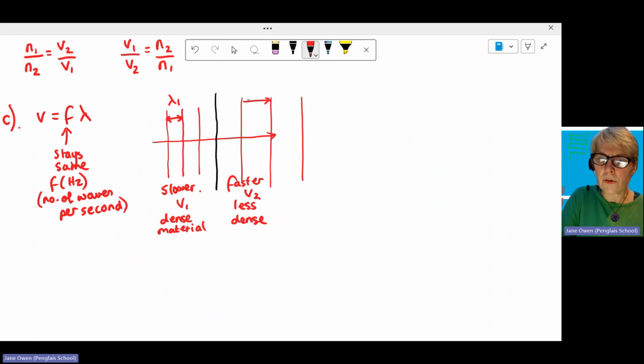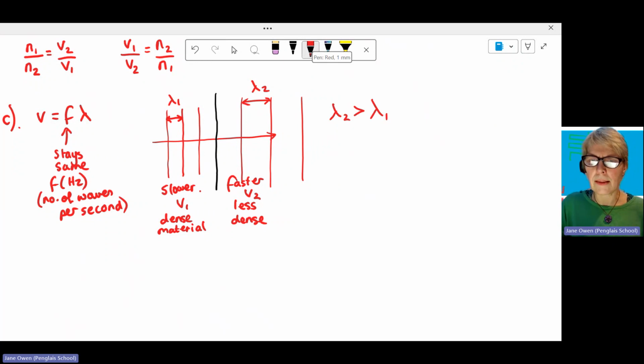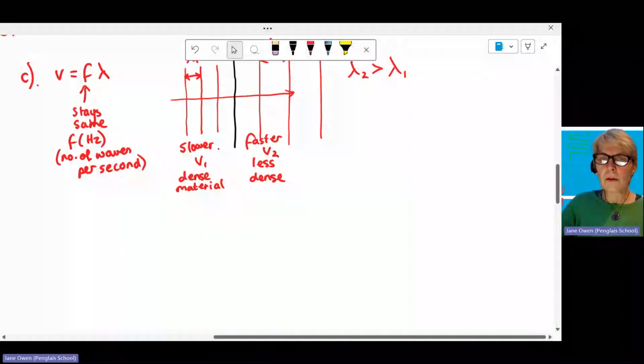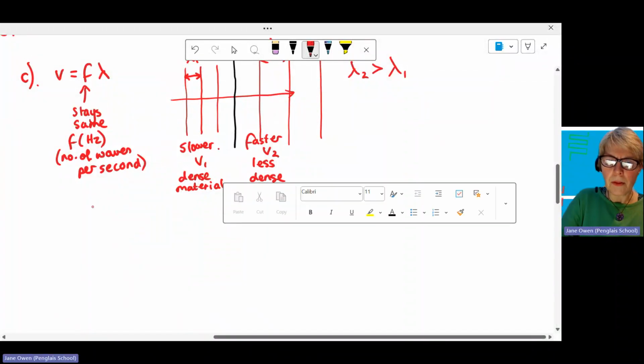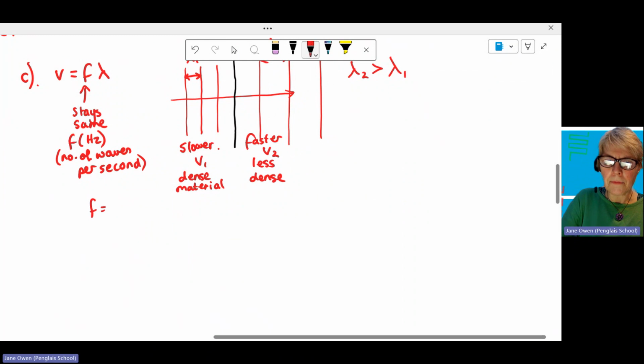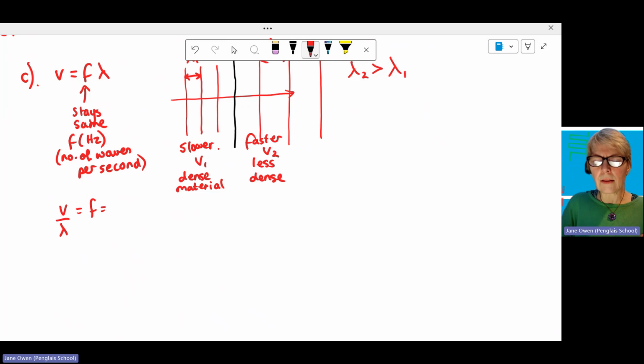So this lambda 2, the wavelength in the second medium, will be much bigger than lambda 1, the wavelength in the first slower medium. Because we know that the frequency is the same, frequency is given by V over lambda. And we can relate the frequency before and after as exactly the same. In the slower dense material and in the faster material, the frequency has stayed the same because it's the same as that of the source.